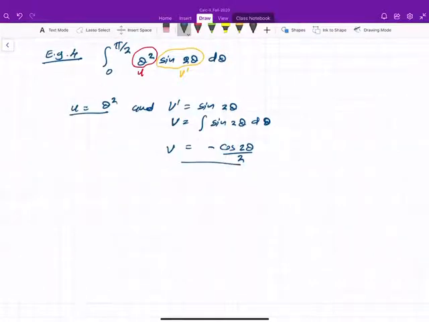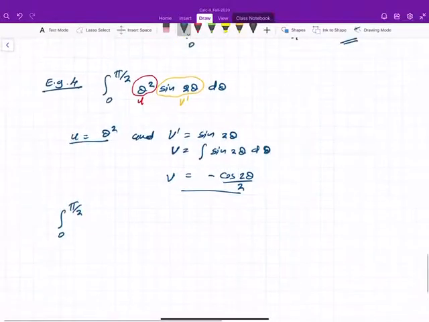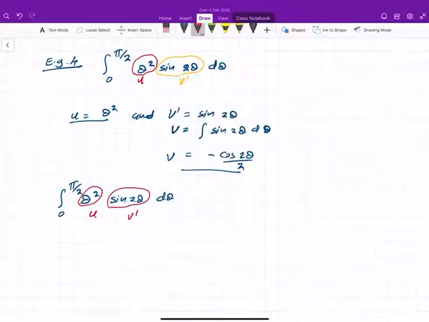All right, now let's use the formula. The formula says integration from 0 to pi over 2. Here you have theta square sine 2 theta d theta. This is like u, that is like v prime.